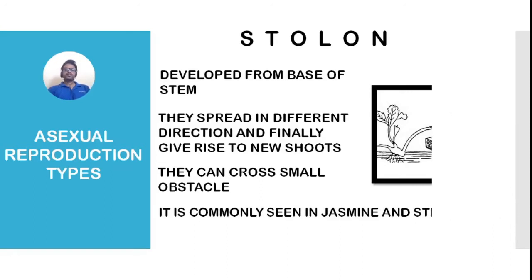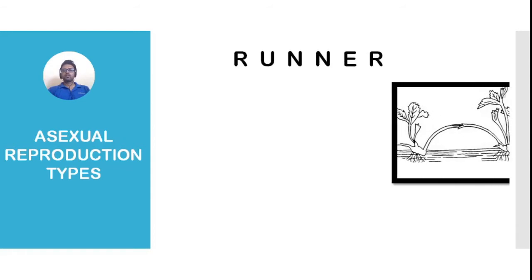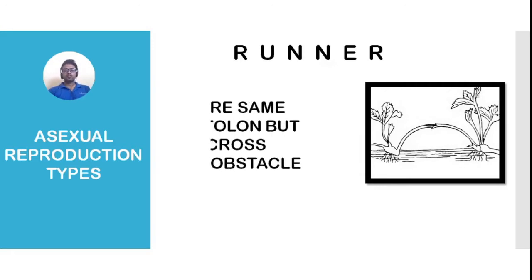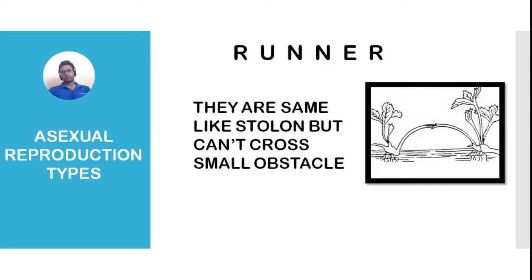Okay. The next one is runner. Runner is similar to stolon. It is also a modification of stem, and it can also give rise to new plant parts. But the main difference is, unlike stolon, runner cannot cross small obstacles in front of it.